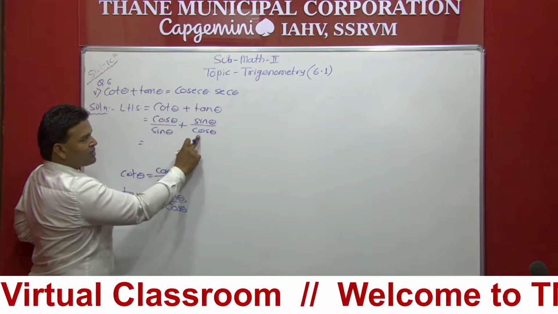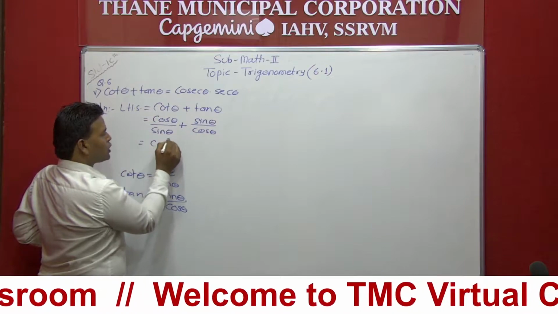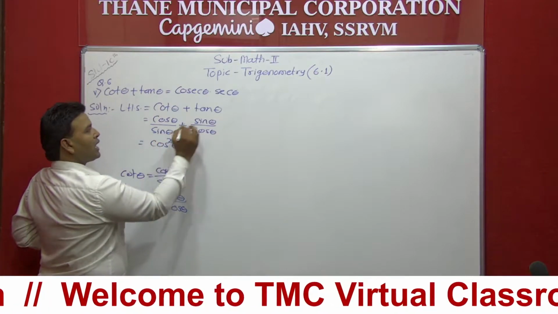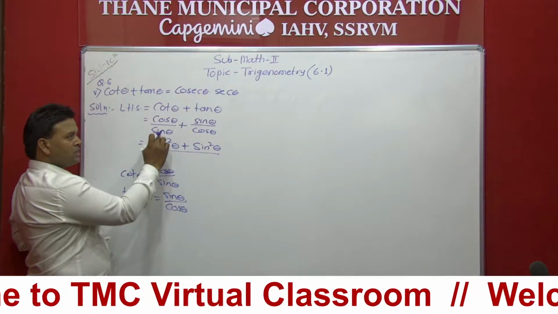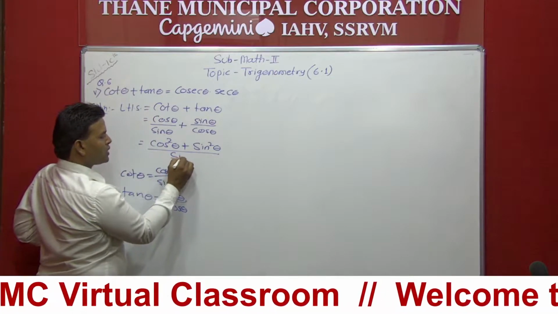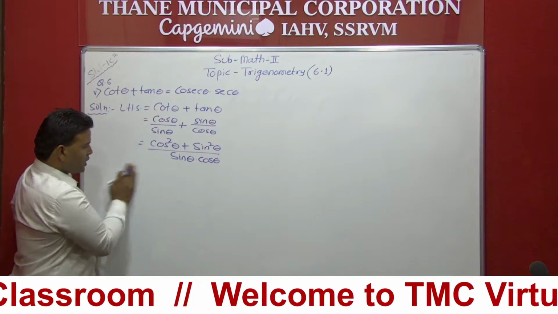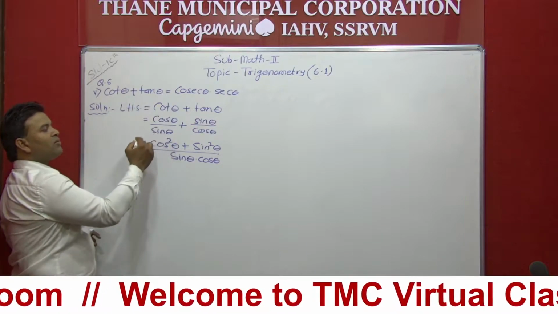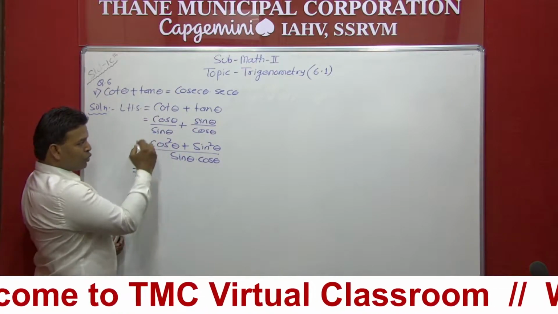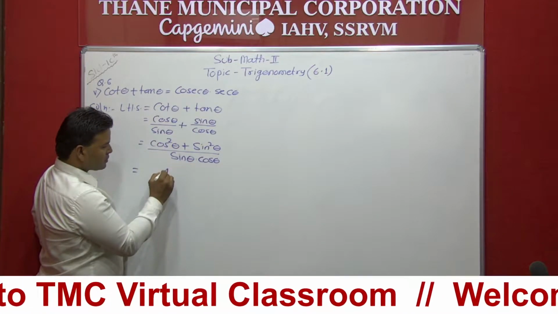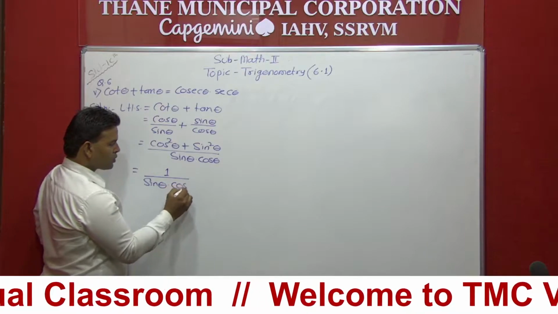So we have cos into cos, which becomes cos square theta, plus sine into sine, sine square theta, upon sine theta into cos theta. In the next step, this is one of the identities, sine square theta plus cos square theta is equal to 1. So this is going to be 1 upon sine theta into cos theta.